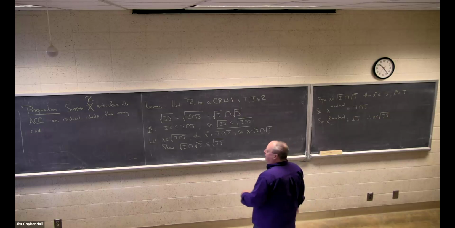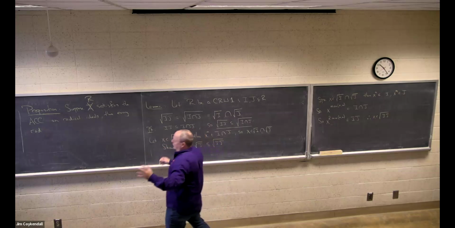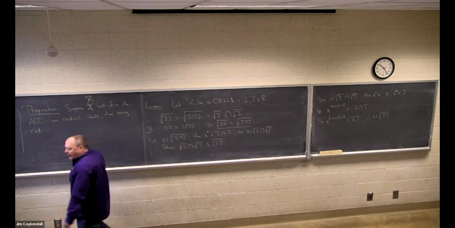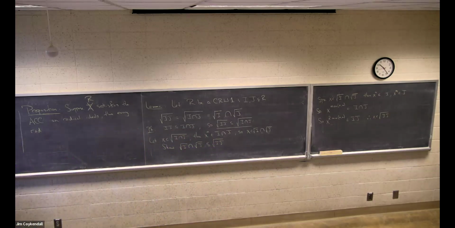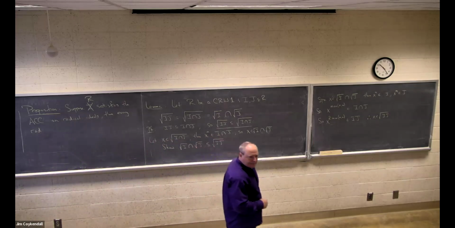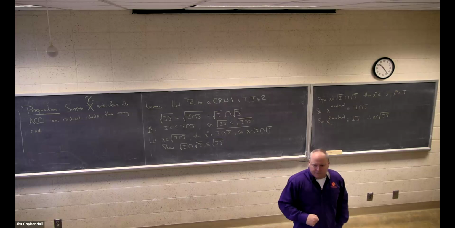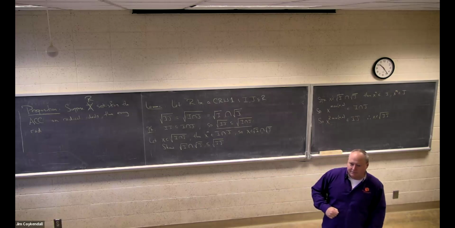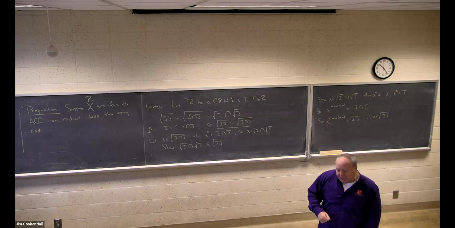Can anybody, by the way, before I run off into radical land, give me an example of a ring that is not Noetherian, but it satisfies the ascending chain condition on radical ideals? Valuation domain of dimension two. That's exactly right.